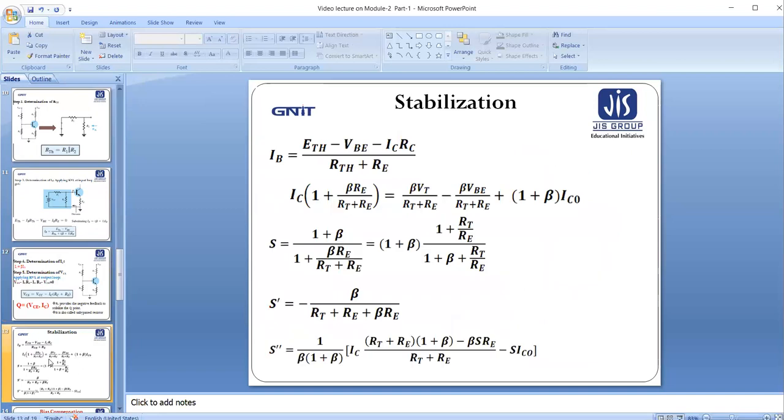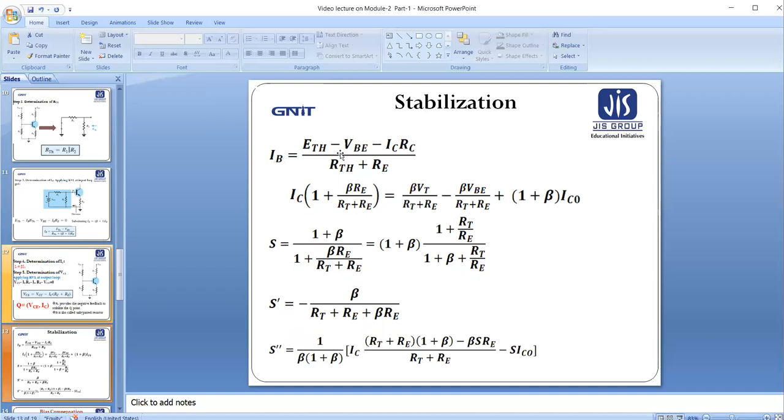Next, stabilization is very important. Stabilization means how the Q point will be stabilized. For the voltage divider bias, as already discussed, IB equals ETH minus VB minus IC RC, because in most cases IC equals IE, and RC is nearly equal to the RE resistance.